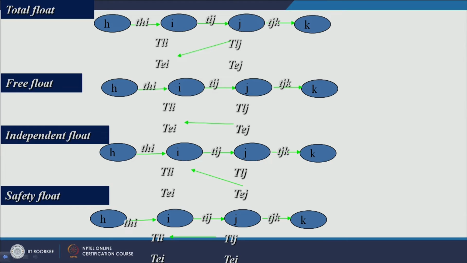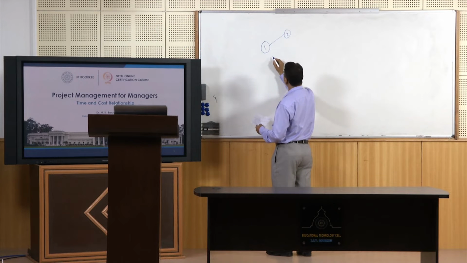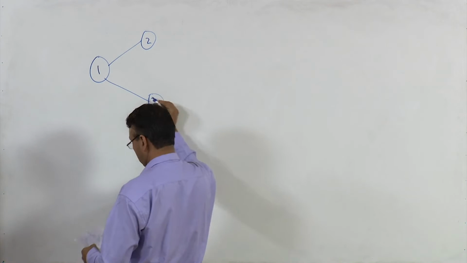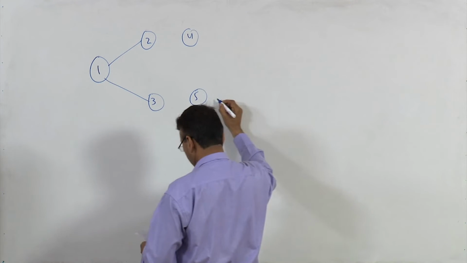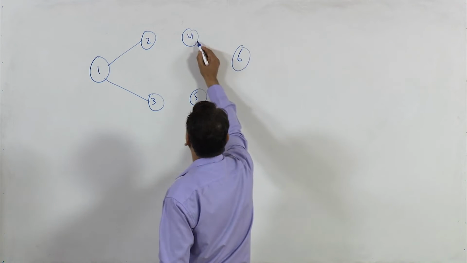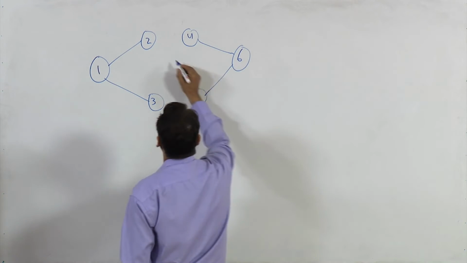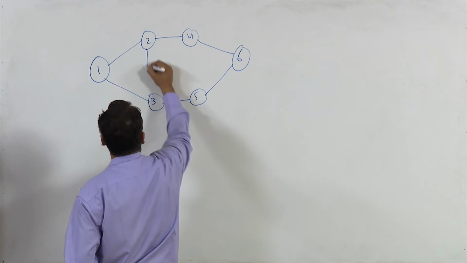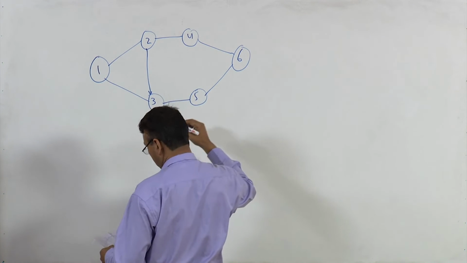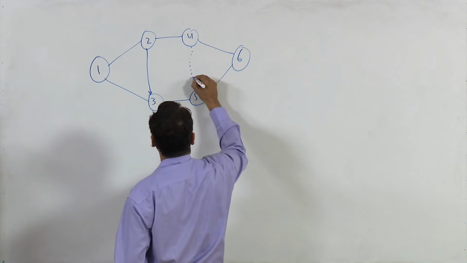1, 2, 3, 4, 5 and 6. So these are 6 events. There is one more activity here and there is a dummy activity.